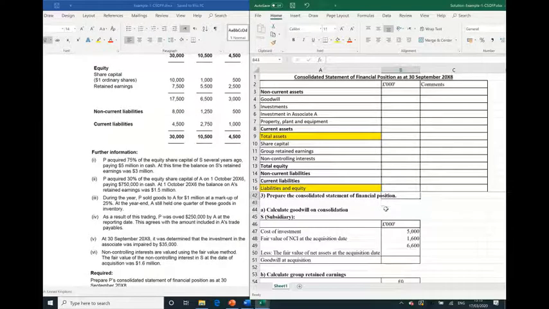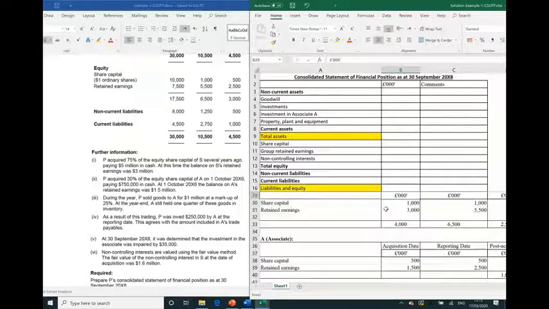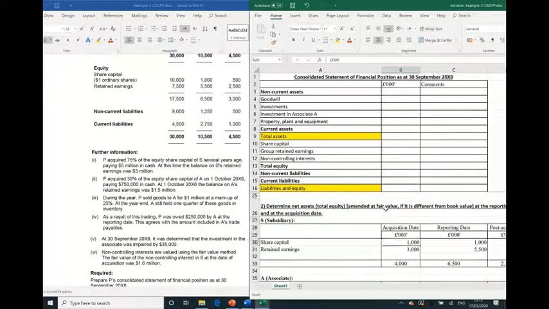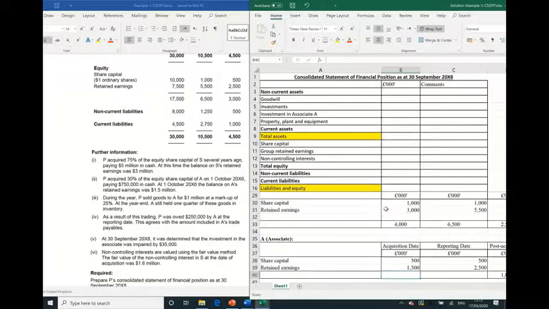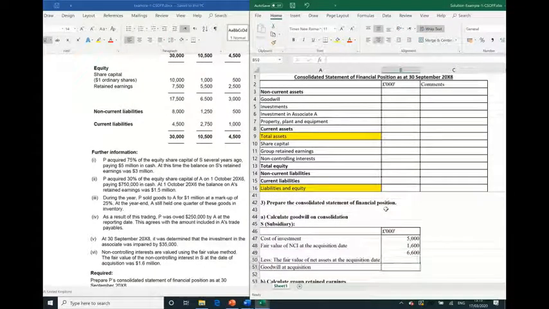The fair value of net assets at acquisition date is already calculated in the working above. So we have 4 million. This is the fair value because there is no difference here between fair value and book value of the subsidiary. So it is 4 million, so it's minus 4 million.